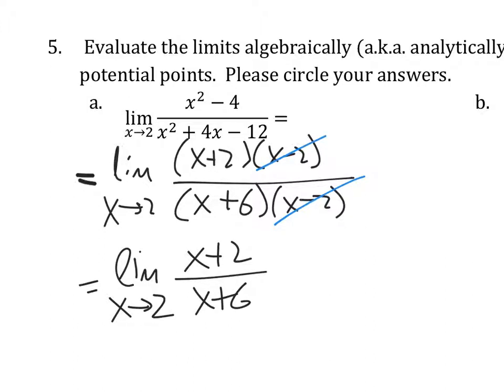Well, now 2 is not a problem. 2 was a problem before, because if you plug 2 in here, you'll get 0, and plug 2 in here, you'll get 0. But now it's not a problem. So let's go ahead and do that. We get 2 plus 2 over 2 plus 6, which is 4 over 8, which is a half.